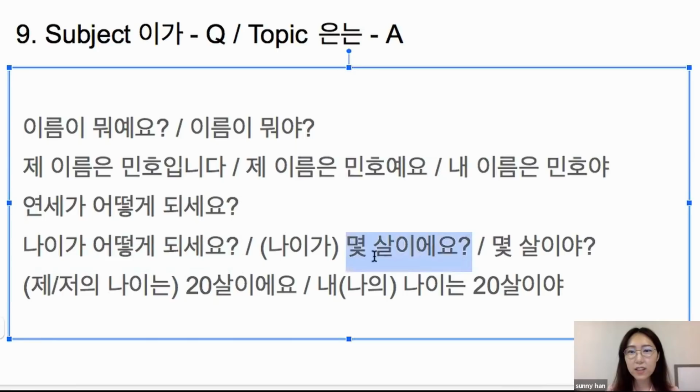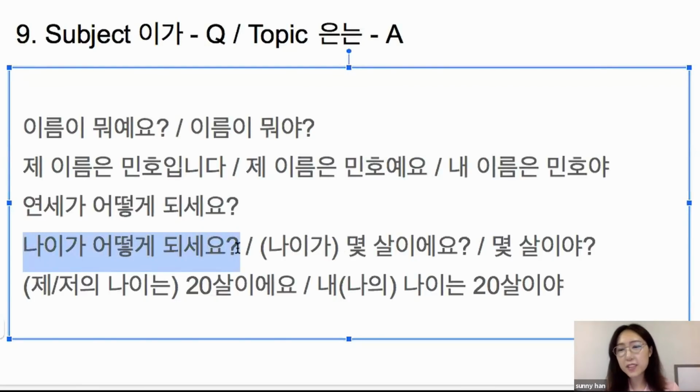I recommend not using 몇 살이에요. You can ask 나이가 어떻게 되세요? 죄송해요, 궁금해서요. Because I'm very curious. So you can just ask 나이가 어떻게 되세요? Or you can just explain yourself.